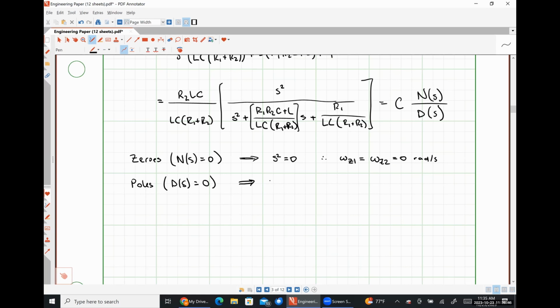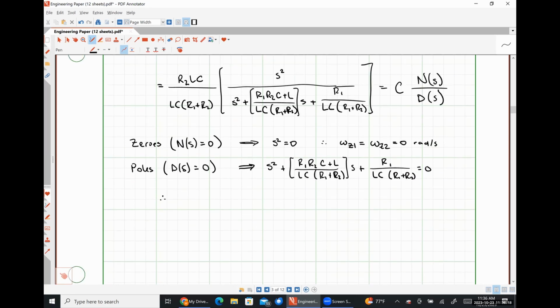So that means we want s squared plus this big ugly thing, (R1 R2 C plus L) divided by LC (R1 plus R2), times s plus R1 divided by LC times (R1 plus R2), to be equal to 0. And we can use the good old quadratic formula to figure out what the value of those poles will be.